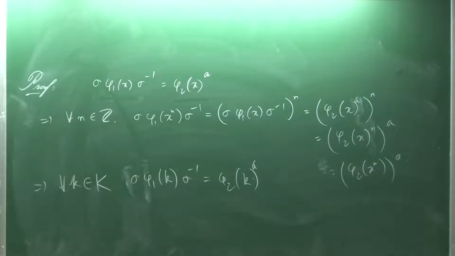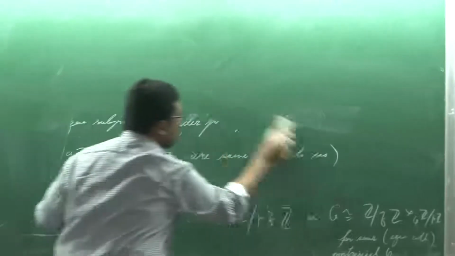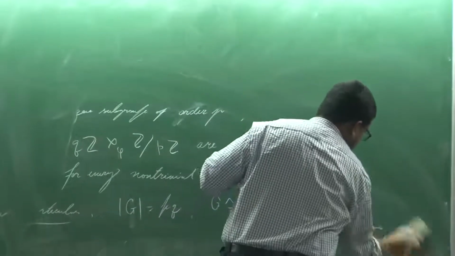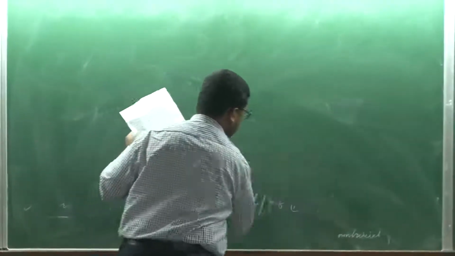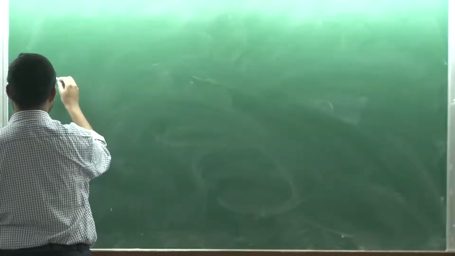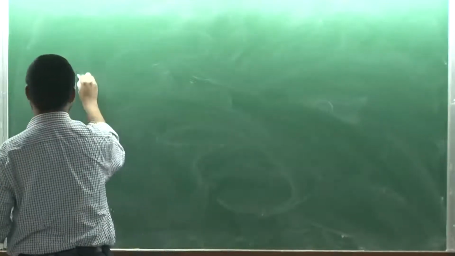Now let me write down the map which we will show that ultimately that is going to be the required isomorphism. So consider the following map. So our ultimate job is to show these two groups isomorphic.